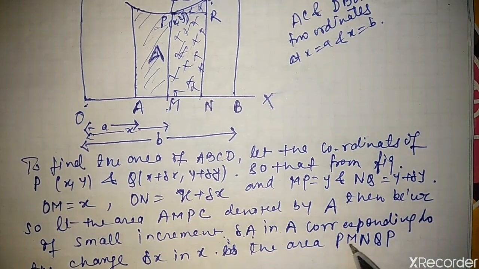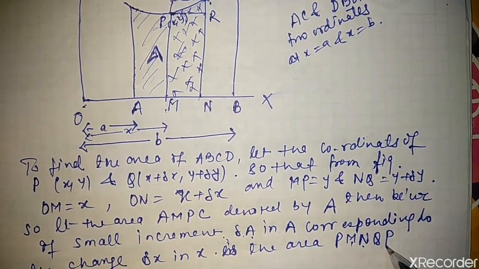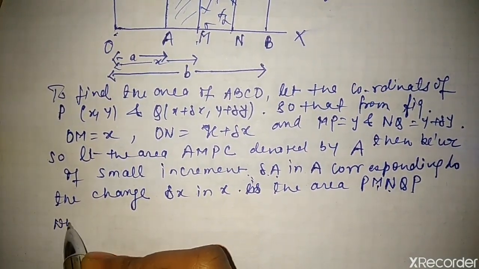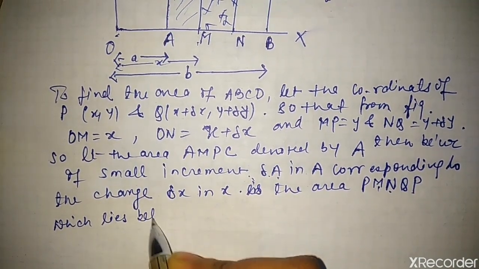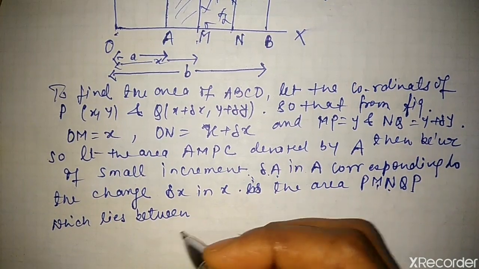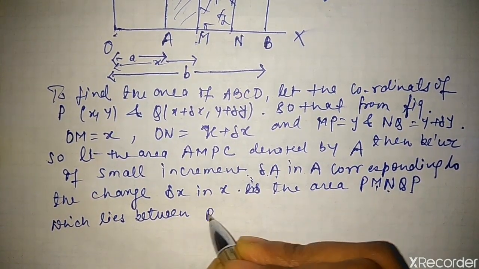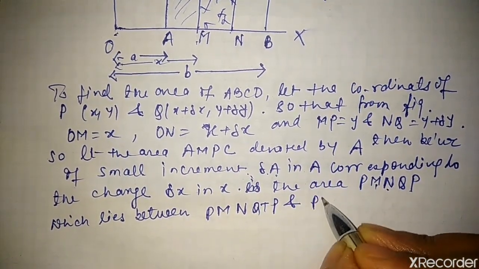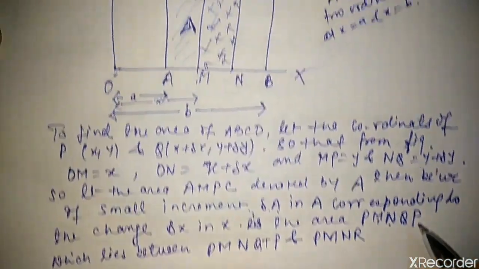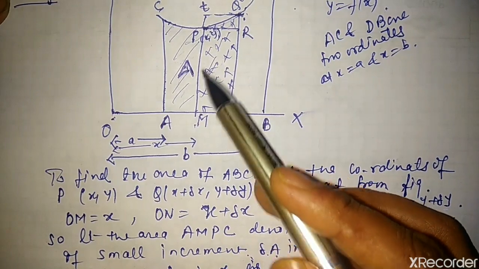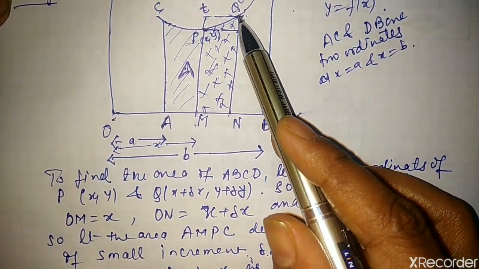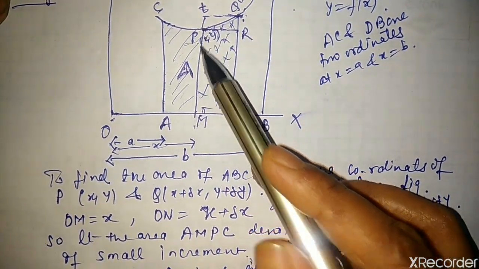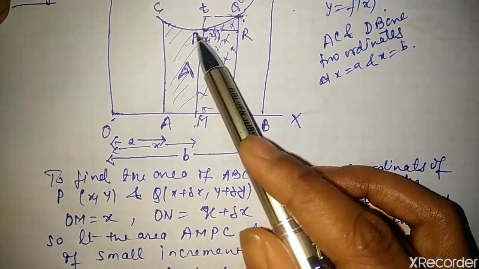So we have P, M, N, Q and then P, which lies between P, M, N, Q, T, P and P, M, N, R. There is P, M, N, Q. So P, M, N, Q, T, P, this whole area, and P, M, N, R, this area.